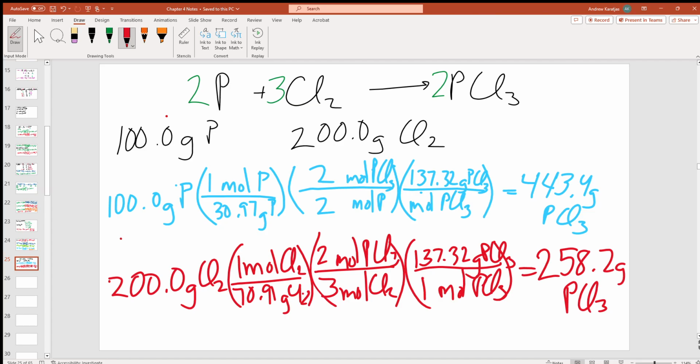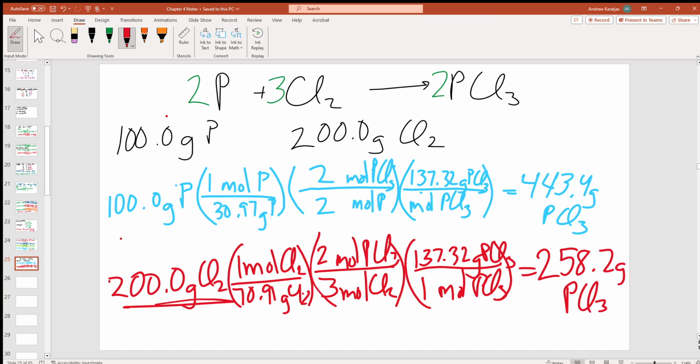So we can see from that, what's our limiting reactant? Our limiting reactant, even though we have more of it, is the chlorine. How do we know? We know that based on the fact that the amount of chlorine we have allows us to make less PCl3 than the amount of phosphorus that we have.